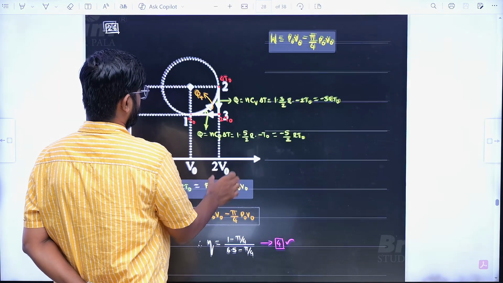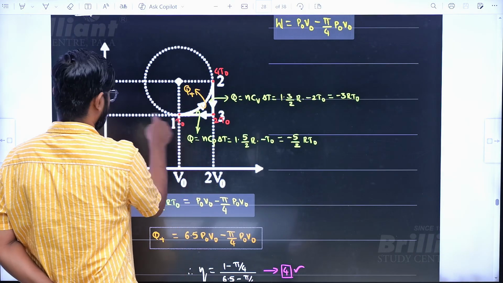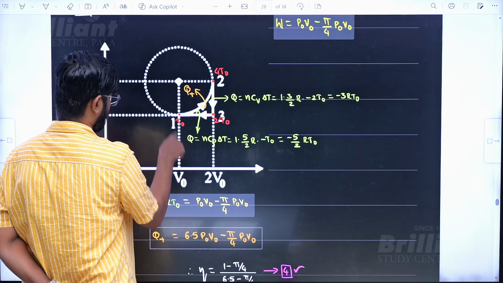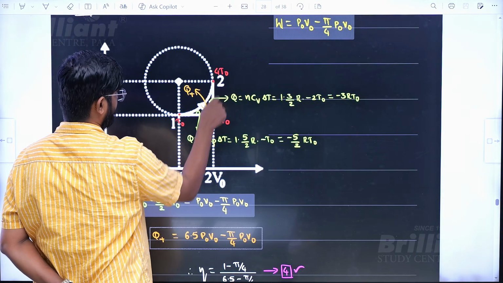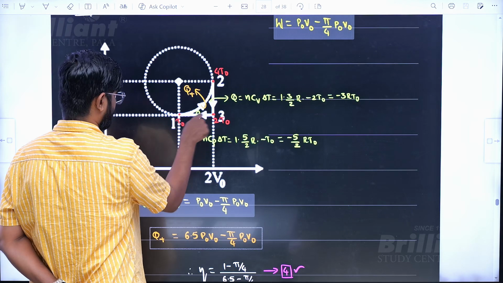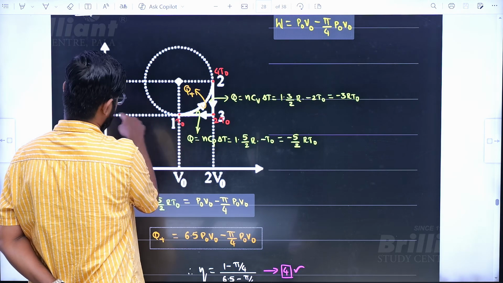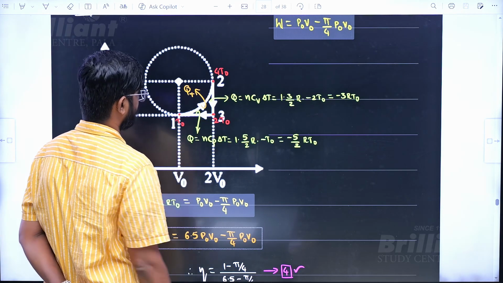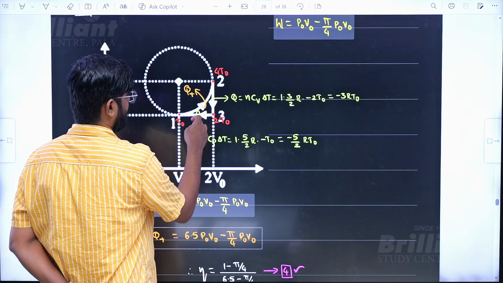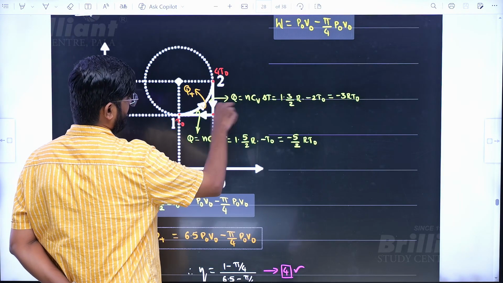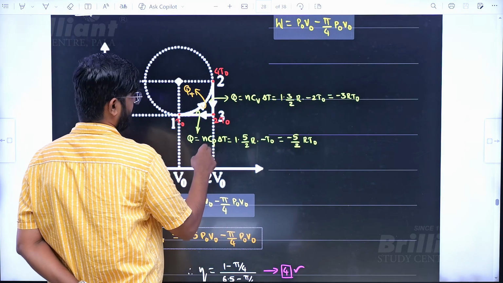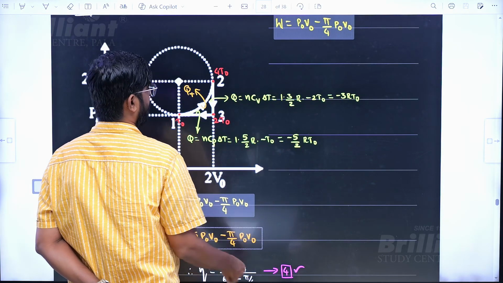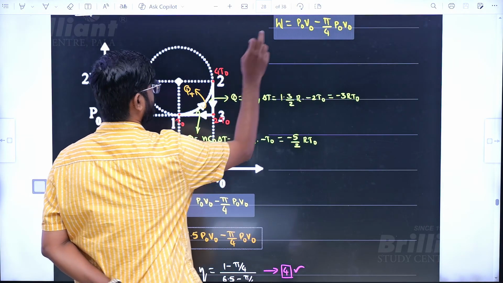Then, if I call this temperature T0, from here P0, V0 and T0, pressure is becoming twice, volume is becoming twice, so temperature will become 4 times. Volume is becoming twice, pressure is remaining same, so temperature will become 2 times. So temperature is reducing at constant volume, so Q value is negative, nCv delta T. Q value is negative, nCp delta T. But we know for a cyclic process, the summation of these 3 Q values should be the same as this.